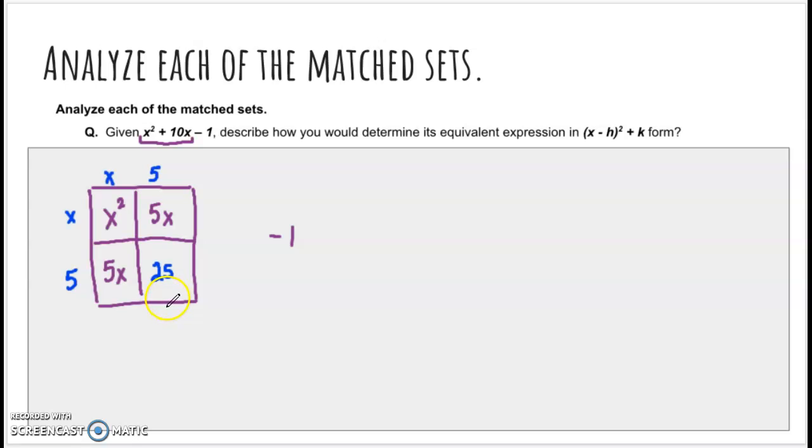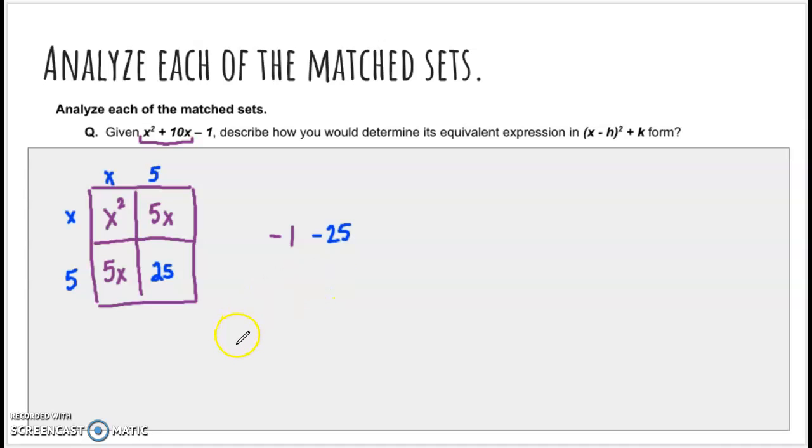The only number we're allowed to add or subtract is 0. So I have to get a little creative. Instead of just adding 25 here, I'm going to also subtract 25 out here. So I've both added and subtracted that 25. I've really just added 0 in a really fancy way.